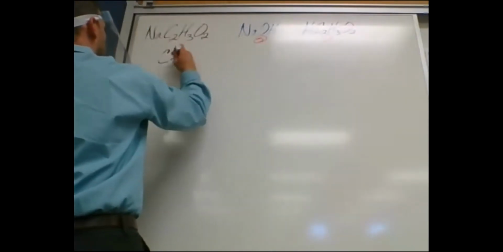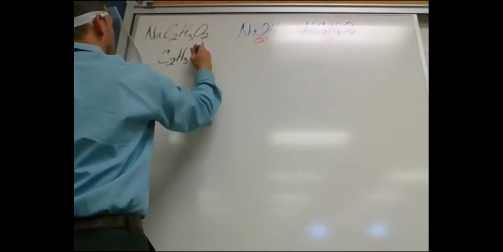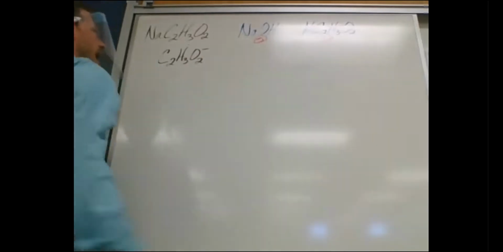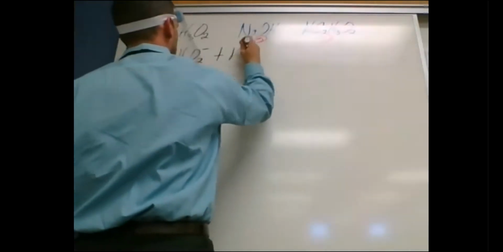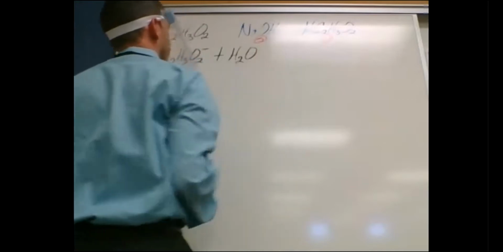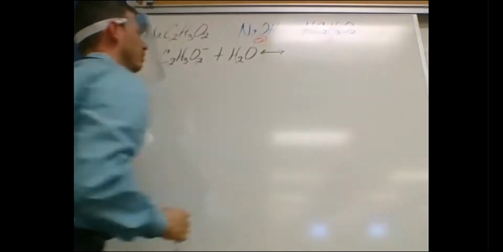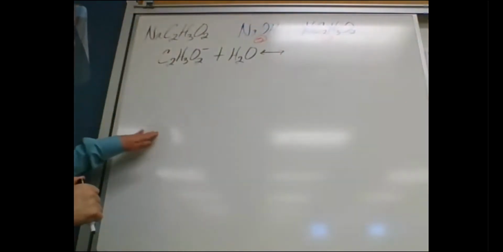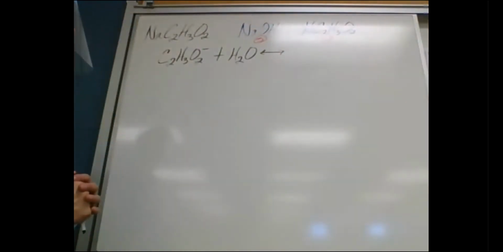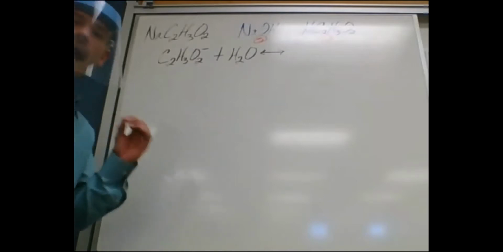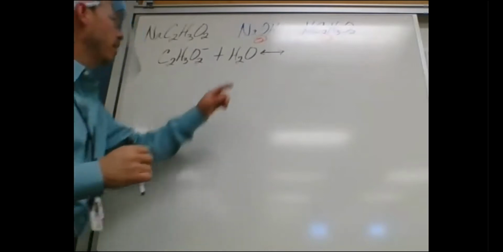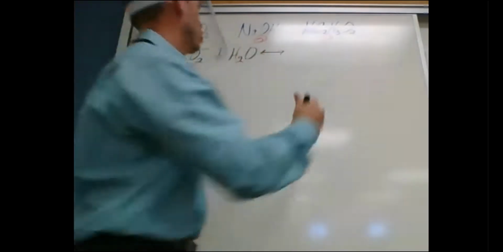So I'll go C2H3O2 as an ion and add them to water. I need to build a basic environment because it was the base that was strong.